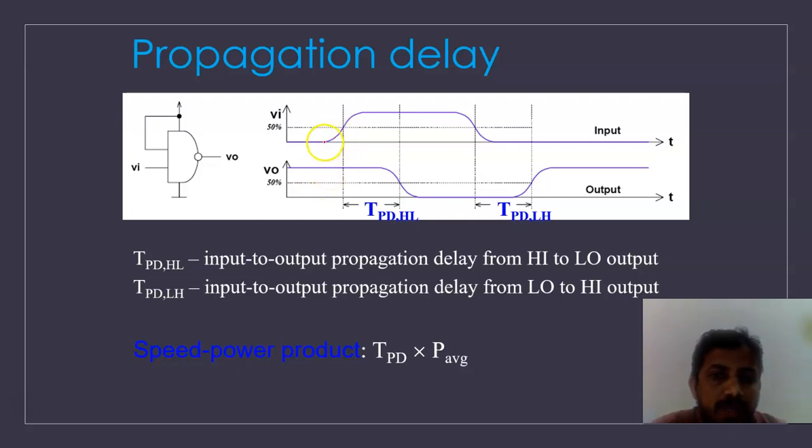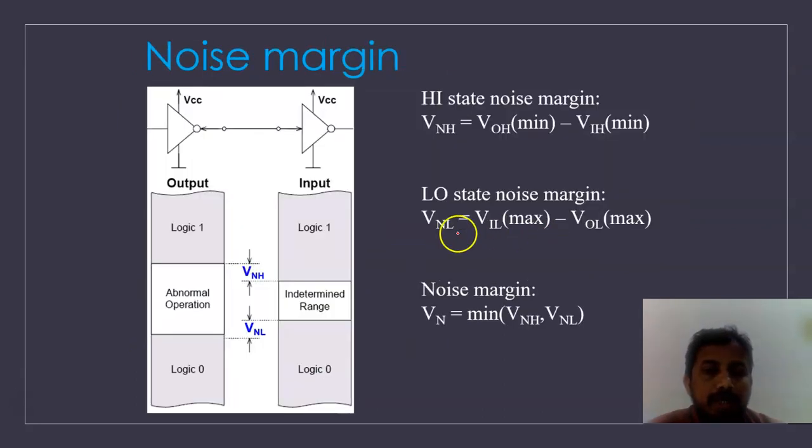Once I change the input from low to high, even after it has reached high, the output does not change immediately. So we take 50% of the input change from low to high, and at the same time, the point where the output changes by 50%. We take these two values and get the propagation delay. These are tPLH and tPHL; taking these two terms, we get the propagation delay of the circuit.